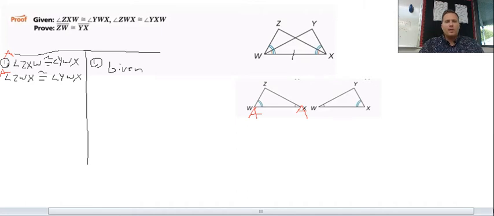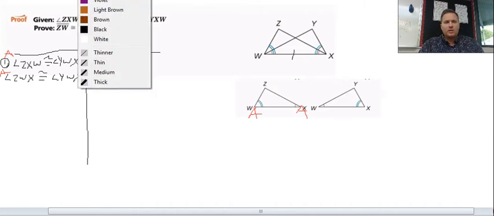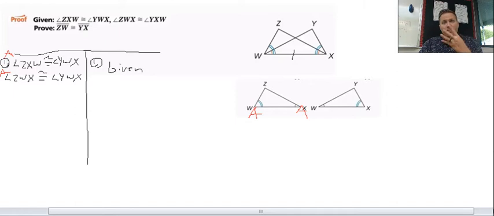So remember, when we're trying to figure out if triangles are congruent, remember all the 4 shortcuts that we have? One of my 4 was angle, side, angle, and for each of them I need to have a side. Well, if they share that in common, then we know that WX is going to be the same. So for number 2 right here, we would write that WX is congruent to WX.